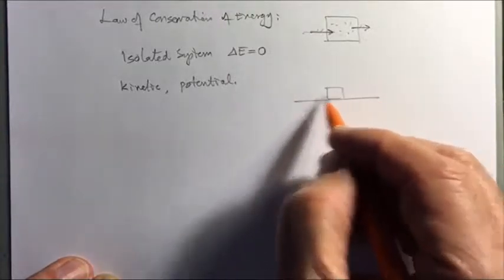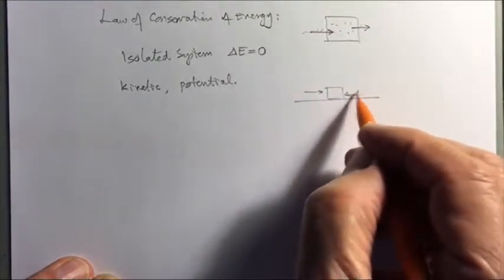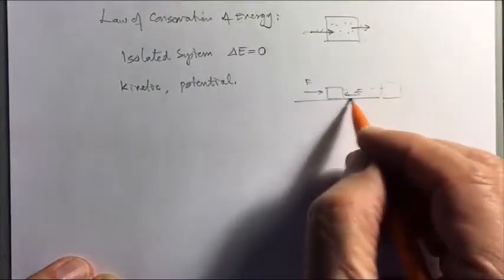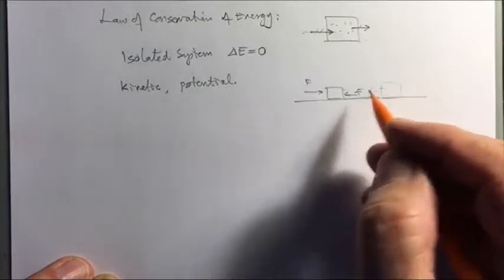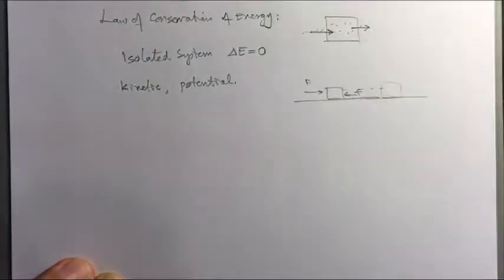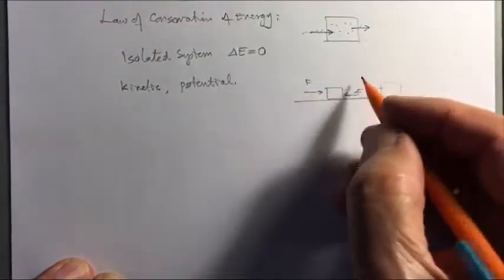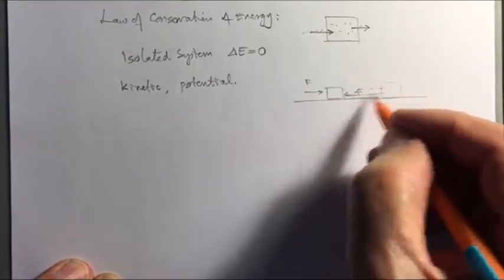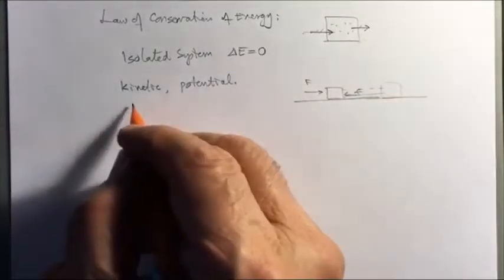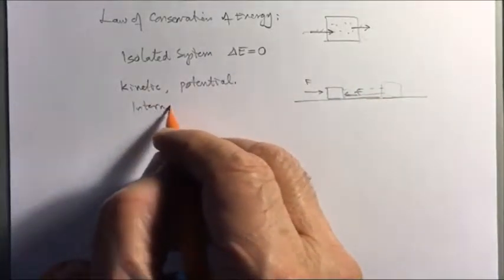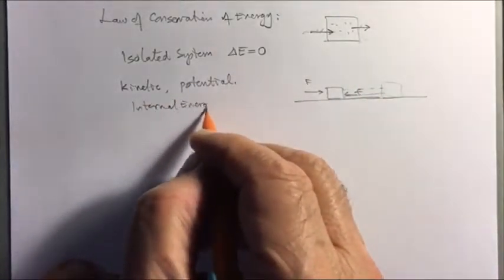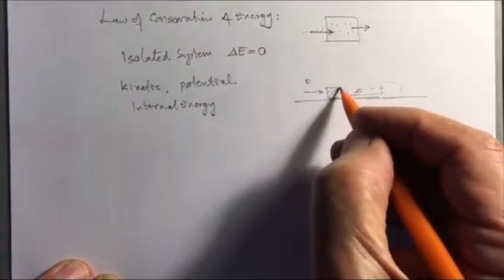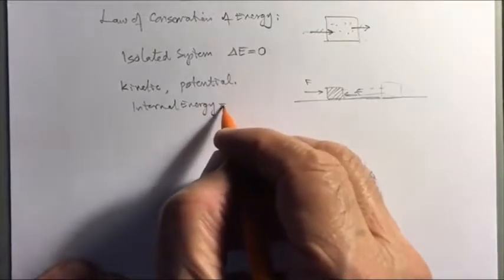So for example, you're pushing this and there's friction backwards, and as this moves along to the right, it rubs against the floor, and normally the temperature would rise. So the work done by friction goes into the internal energy of this object.